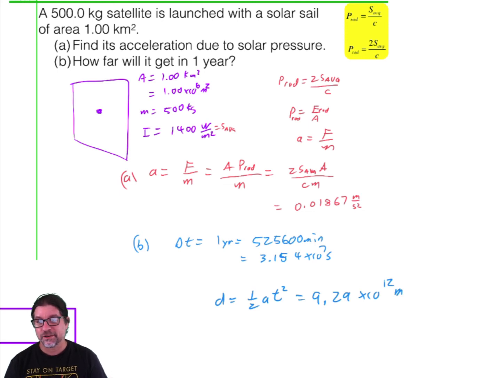If you had the acceleration due to just this solar sail over a year, it would get roughly 40 times further away from the Sun than the Earth. But there's something wrong with this. We didn't even include gravity, so there would be a force of gravity on this sail at this point. So there are other concerns, of course, but this is just to give you an example of solar sails.